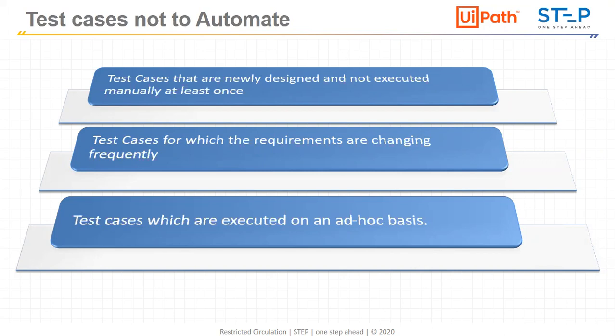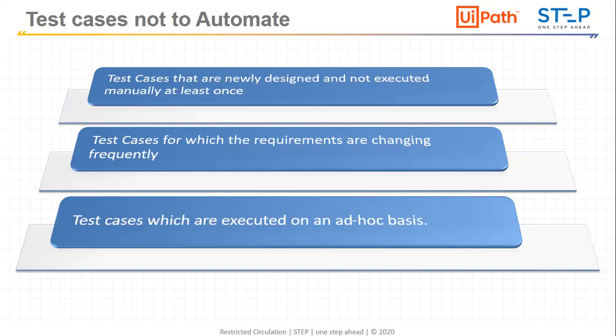We are jumping from one page to another page, which is also called monkey testing. We are doing one functionality and again jumping, for example doing a fund transfer and, before finishing it, jumping into the credit card or the loan module of the bank. This type of testing we are not doing by automation.